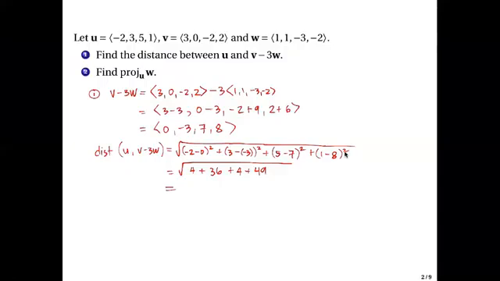So 4 plus 36 is 40, plus 49 is 89, plus 4 is 93. So this is the square root of 93. This is the distance between those two vectors, u and v minus 3w.